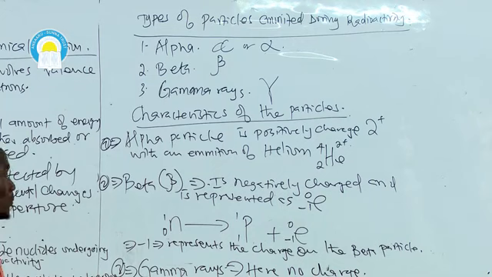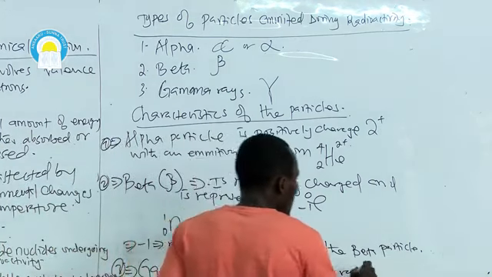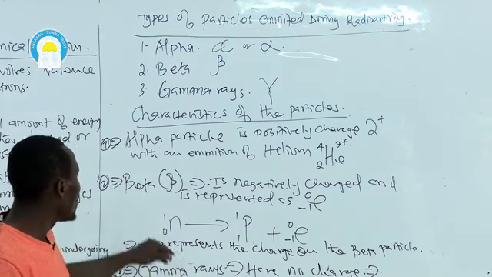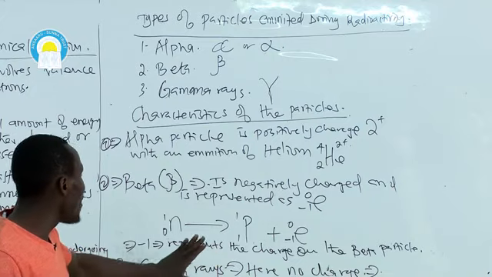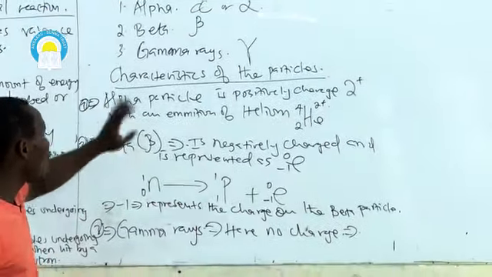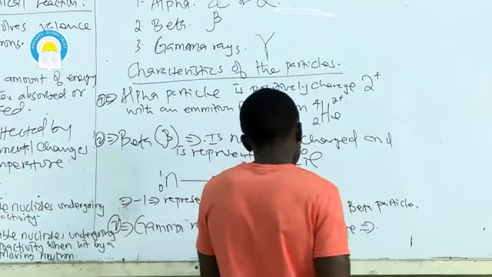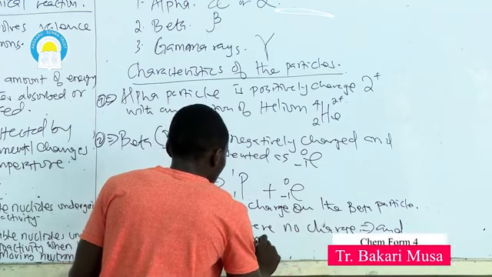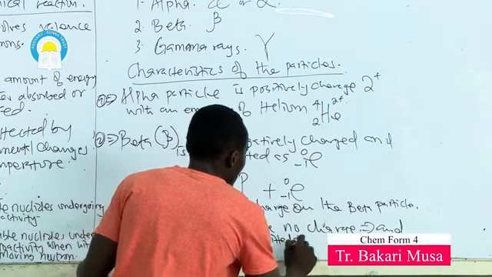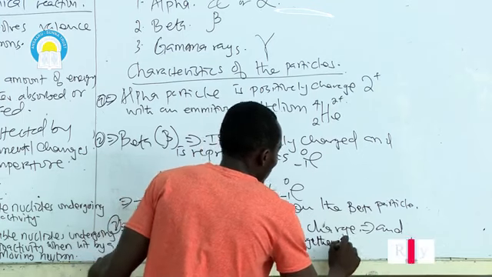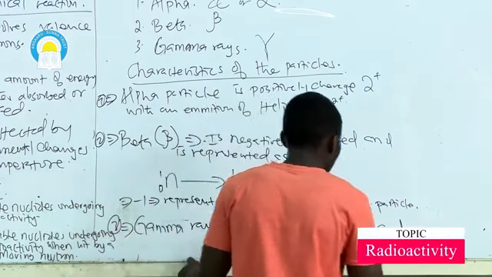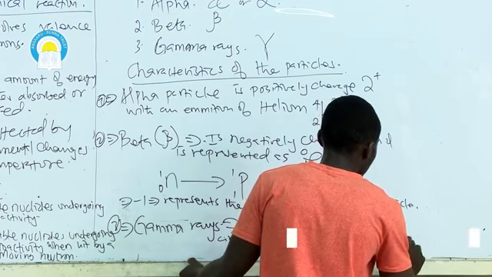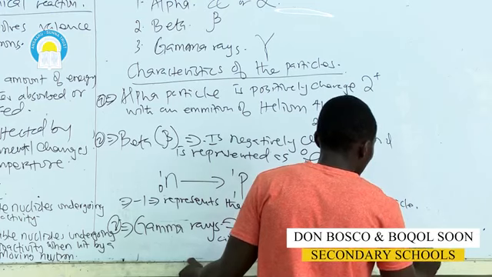They have no charge. During the emission of the particles, gamma rays are being emitted together with the beta and the alpha particles. So we say they have no charge and are emitted together with beta and alpha particles.